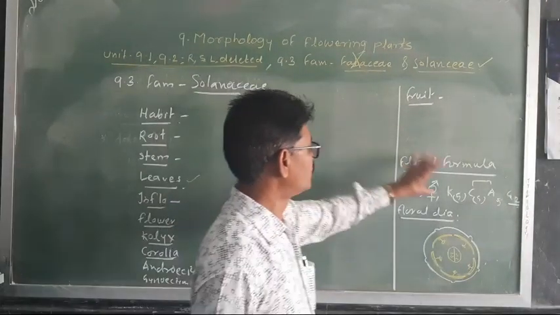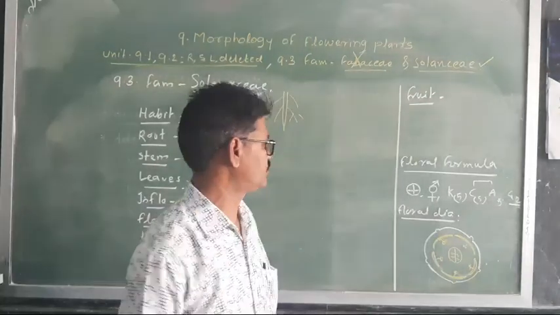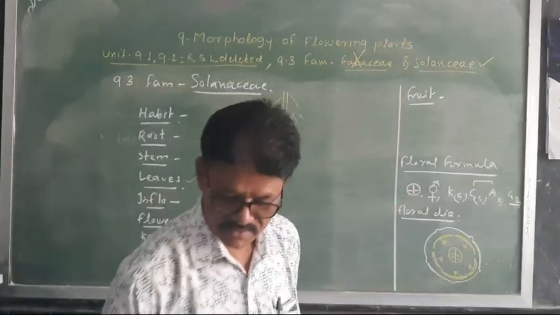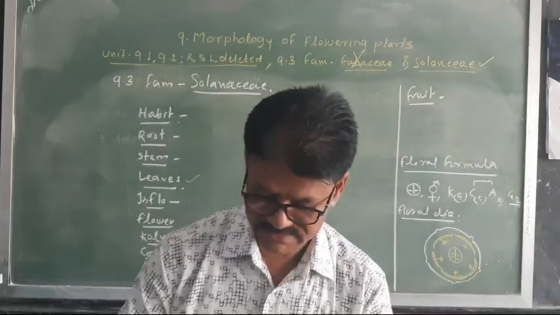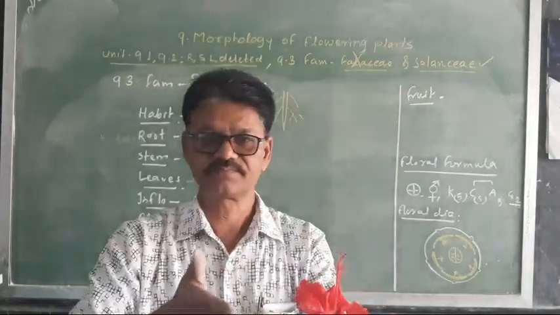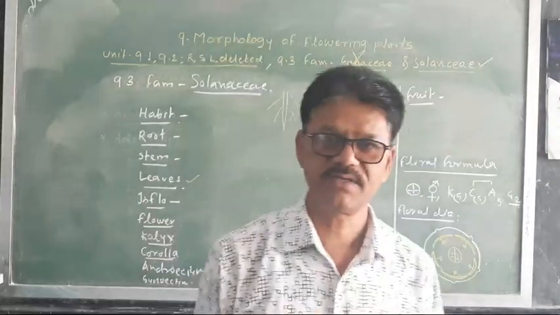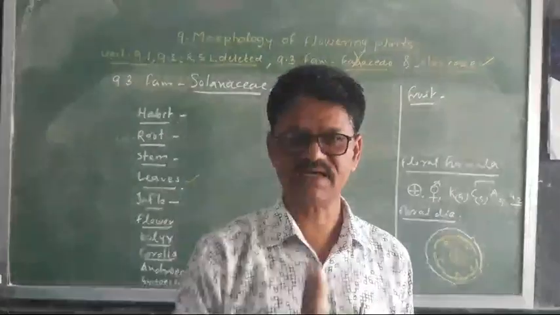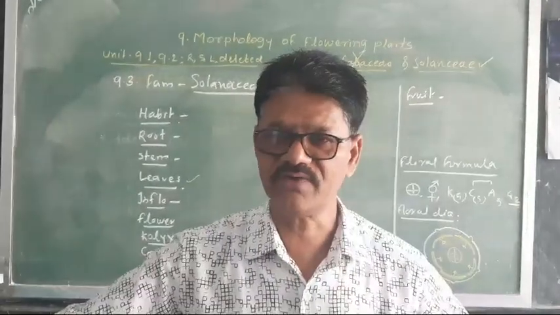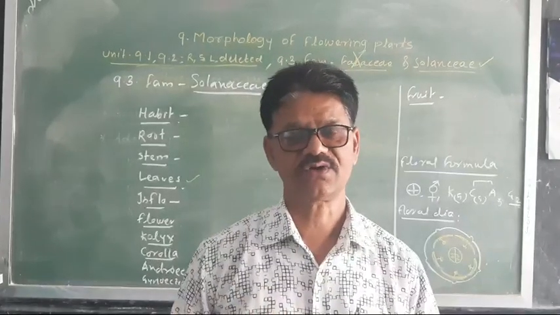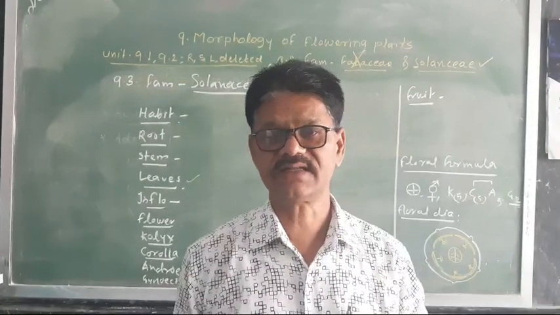Next, floral formula. How to write the floral formula? When we pass the axis, it divides into 2 equal halves. For example, a human being on passing the axis divides into 2 equal parts. That is called bilateral symmetry.